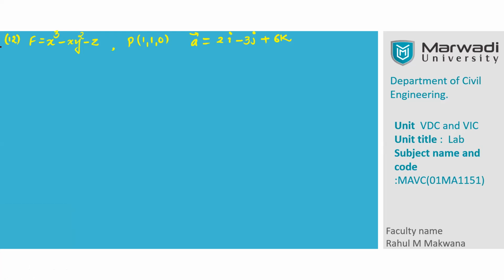Find the directional derivative. So first of all, we will find the gradient nabla f: i del by del x of the function plus j del by del y of the function plus k del by del z of the function.